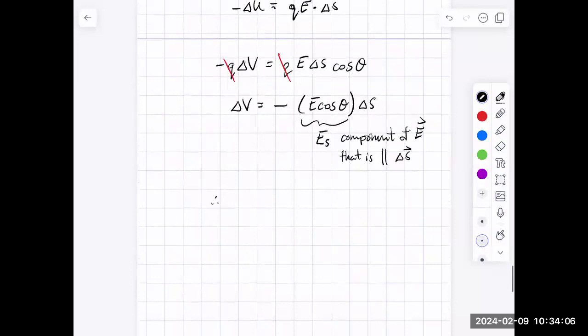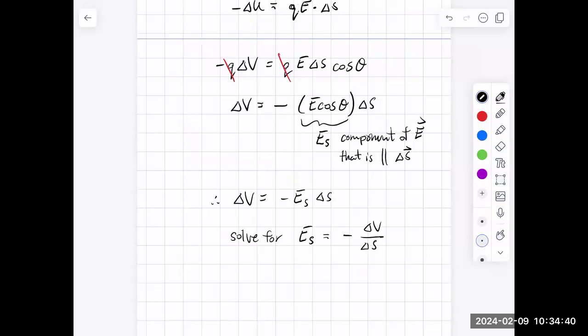So therefore, delta V is equal to minus E sub S delta S. The last thing I want to do is solve for E sub S. I moved over the negative sign when I didn't have to, because I'm about to move it back. So solving for E sub S, it is minus the change in potential divided by the change in position.